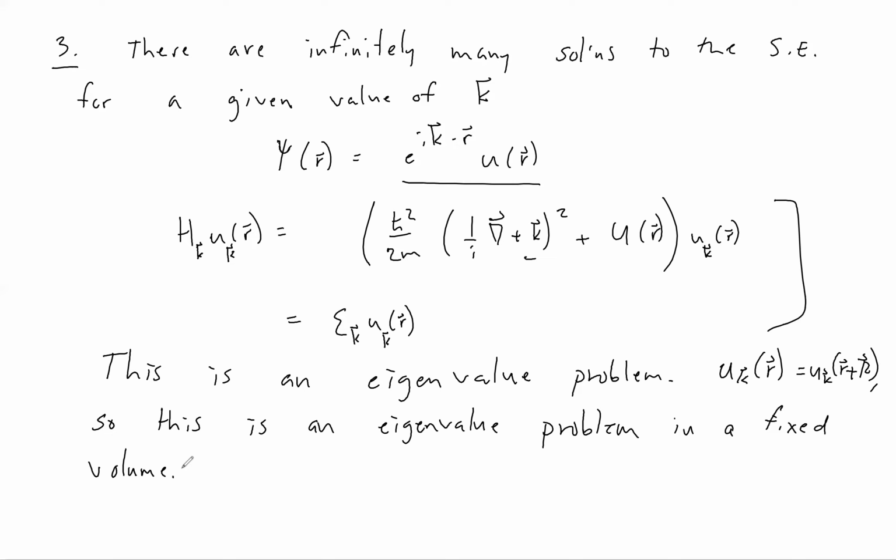That's an eigenvalue problem in a fixed volume. In that case, there's an infinite set of eigenvalues and eigenfunctions. So it is in this case too. In general, we'll expect an infinite set of eigenvalues E for a fixed value of k, with corresponding eigenfunctions u with parameter k. We use the index n to specify these different eigenfunctions and eigenvalues for a fixed value of k.